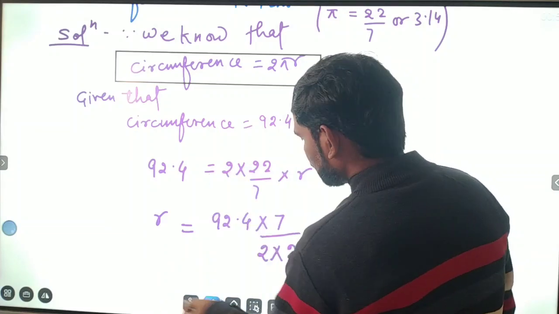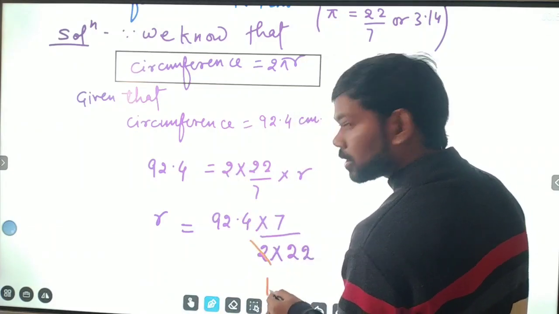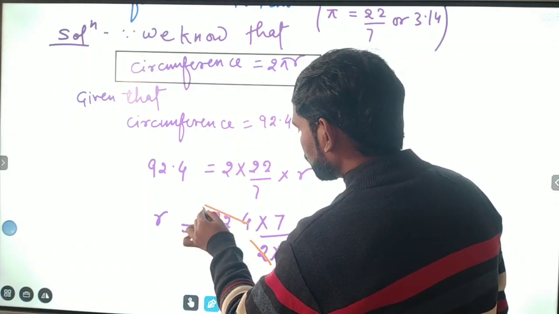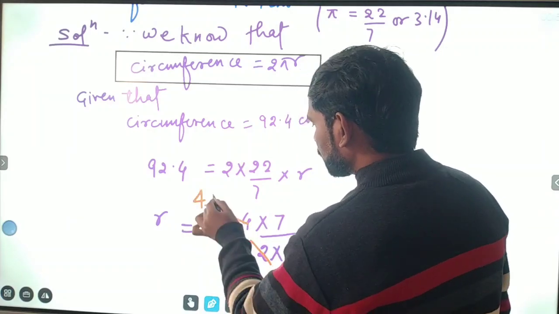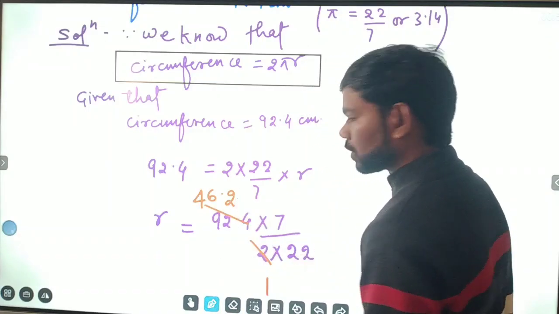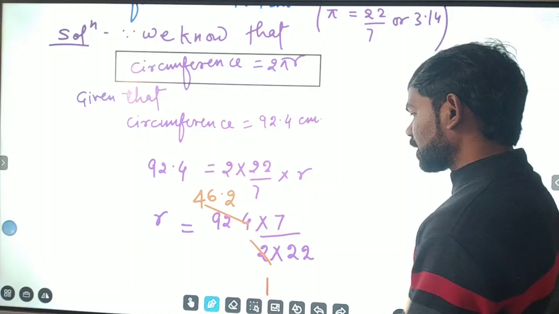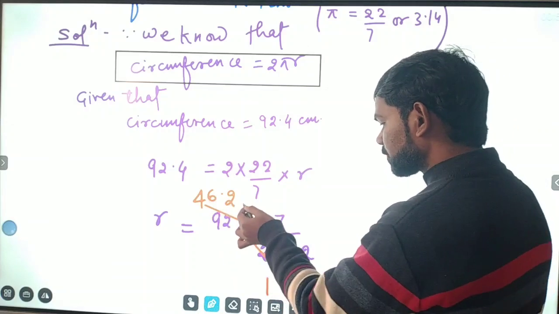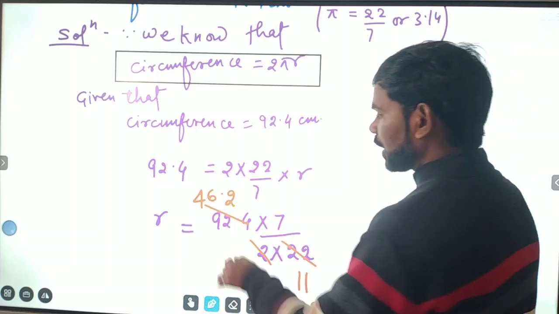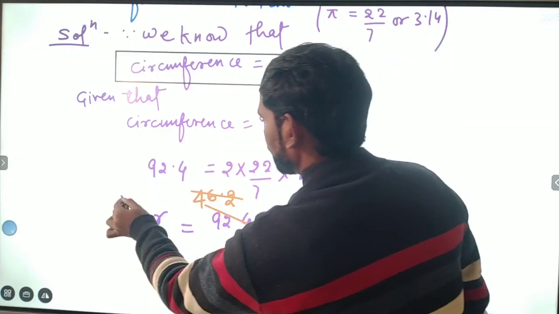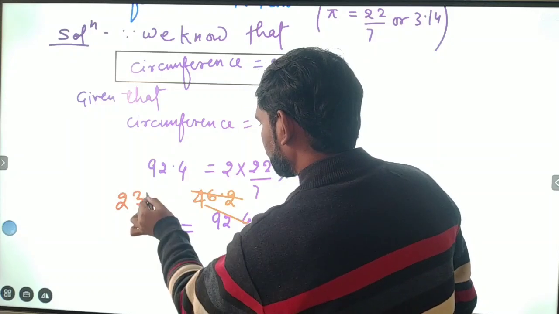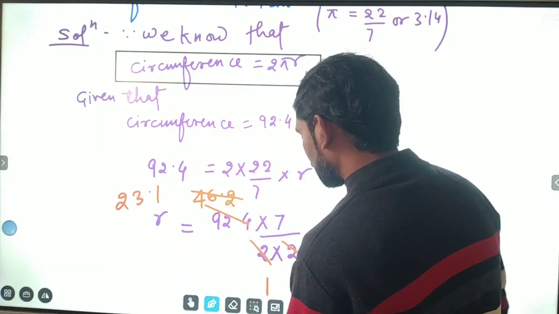So when we divide by 2, 2 1s are 2, and divide it by 2, 2 4s are 8, 2 6s are 12 and 2 2s are 4. Is that clear? Further divide 46.2 by 2. So 2 2s are 4, 2 3s are 6 and 2 1s are 2.